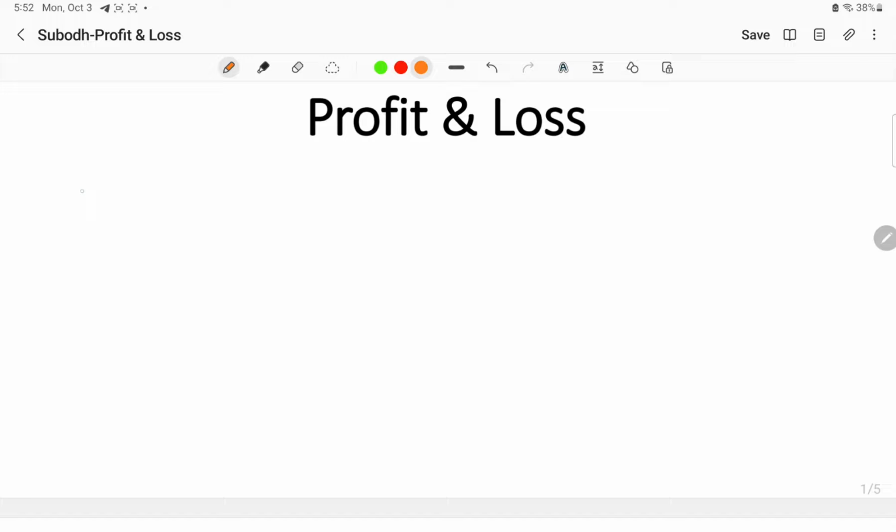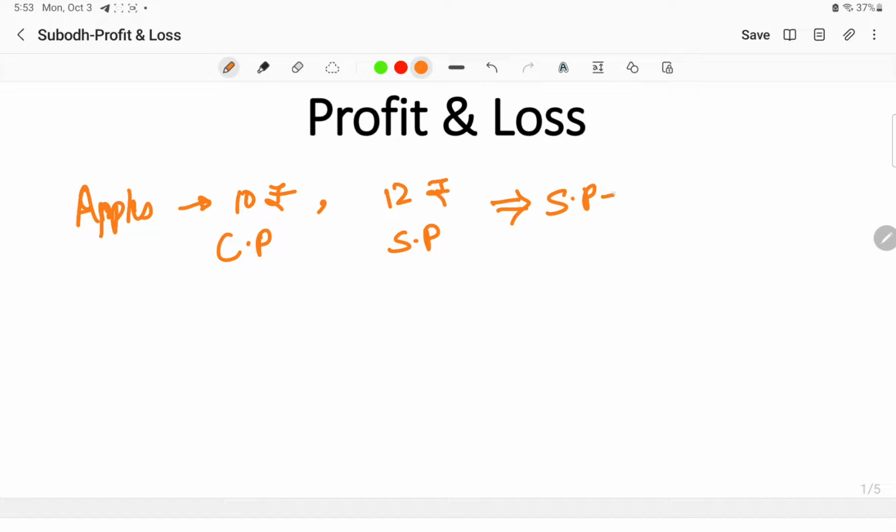If you have apples that you bought for 10 rupees, this is your CP, and you are selling those apples for 12 rupees, this is your selling price. So here you can clearly see selling price minus cost price, that is 12 rupees minus 10 rupees equals 2.